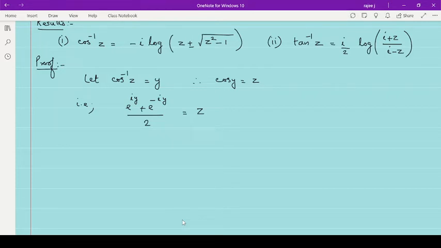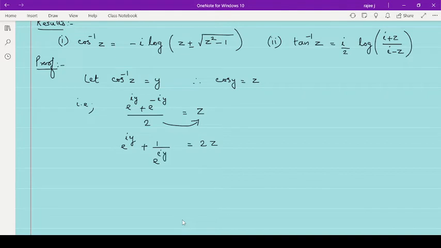So now, this is e raised to iy plus, before that, take this 2 here, so that is 2z. Okay, 2z. Now this e raised to minus iy we will write as 1 upon e raised to iy.